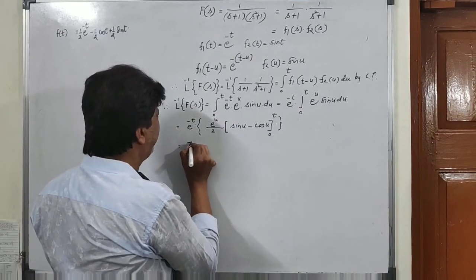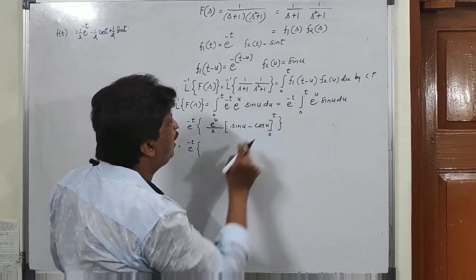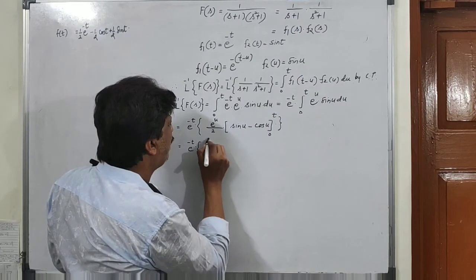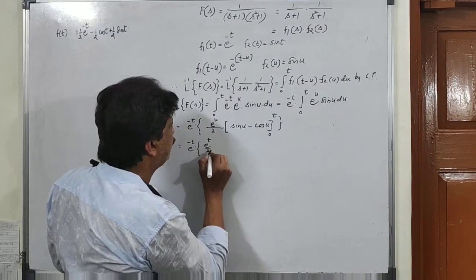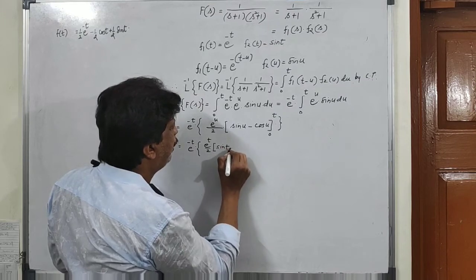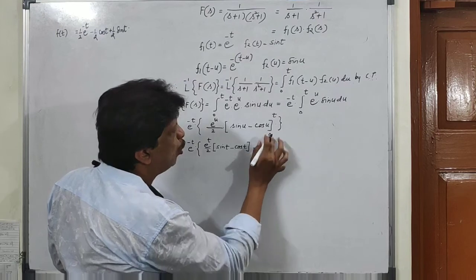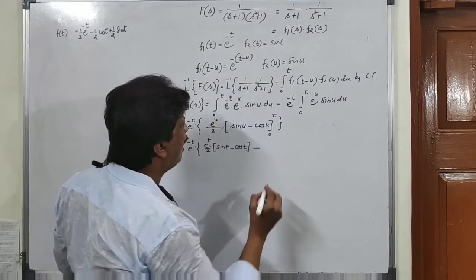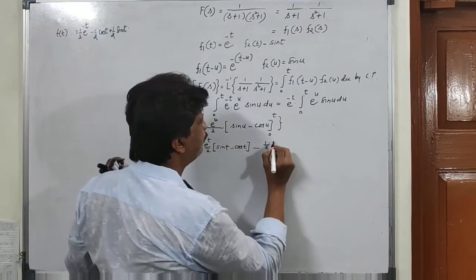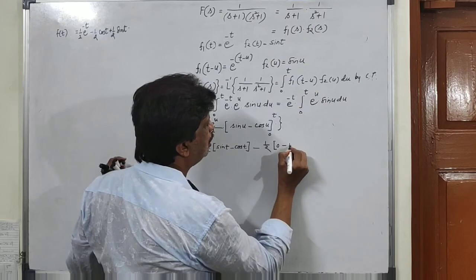e raised to power minus t times. Now put the upper limit, u equal to t: e raised to power t by 2 into sine of t minus cos of t, minus, now lower limit, 1 by 2 times e raised to power 0 is 1, times sine 0 is 0, cos 0 is 1.